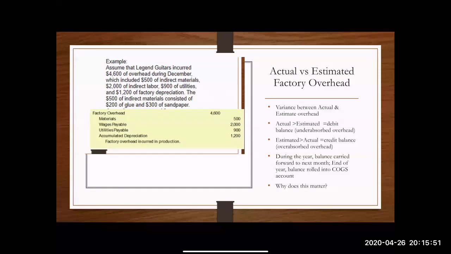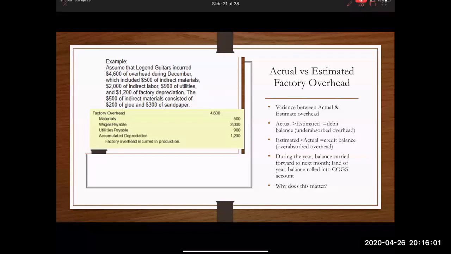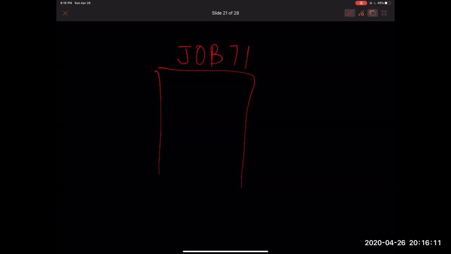Before I do this, I need to explain that when you initially set up this job, you have this job number 71, and this is all in work in process.